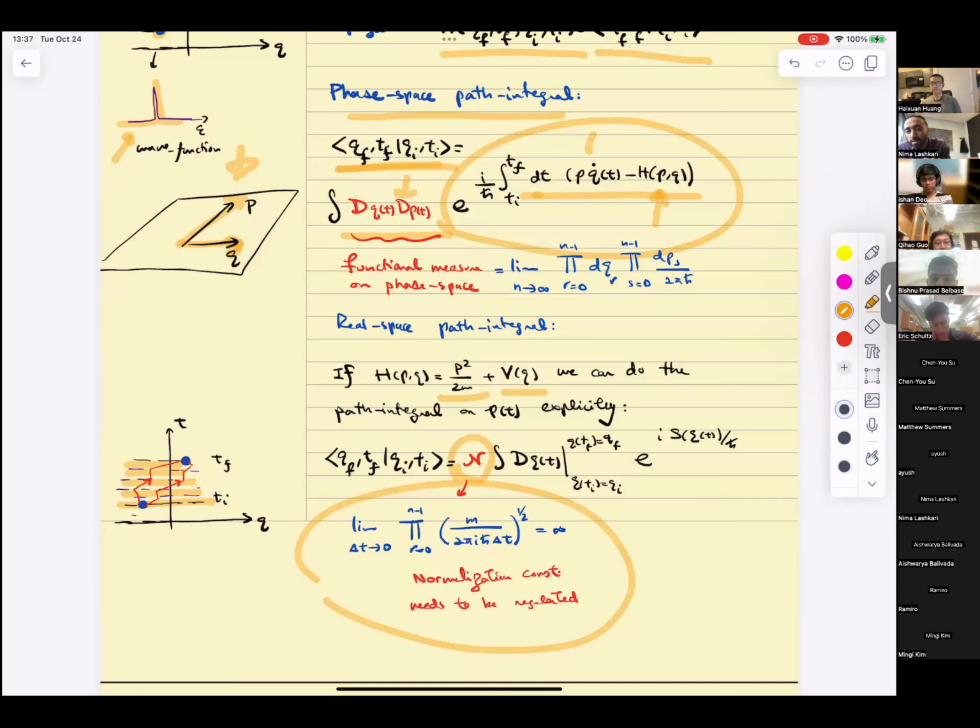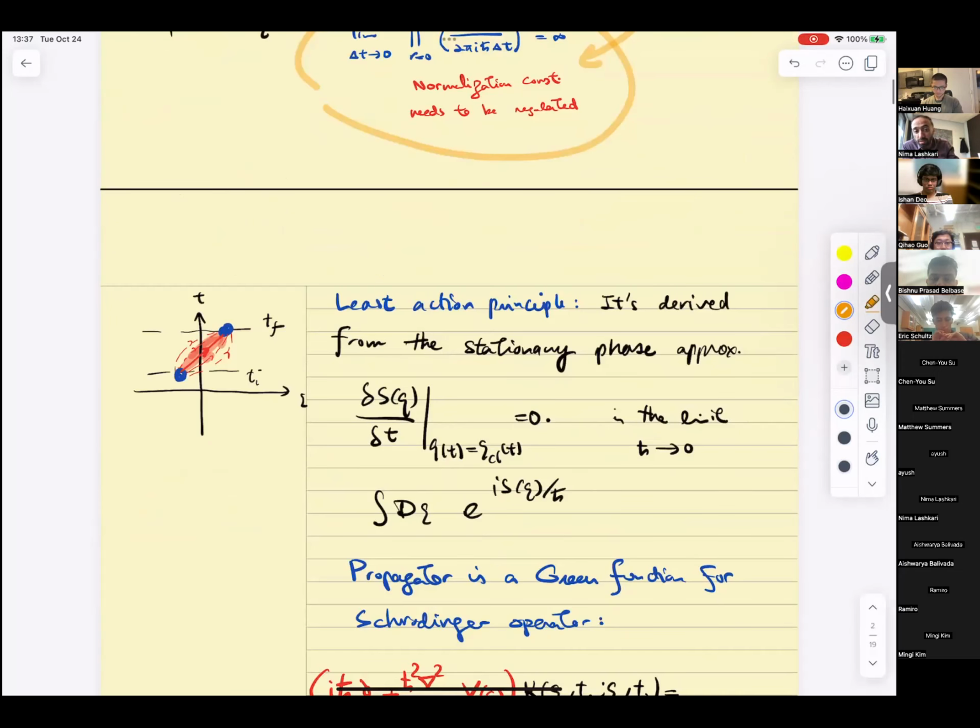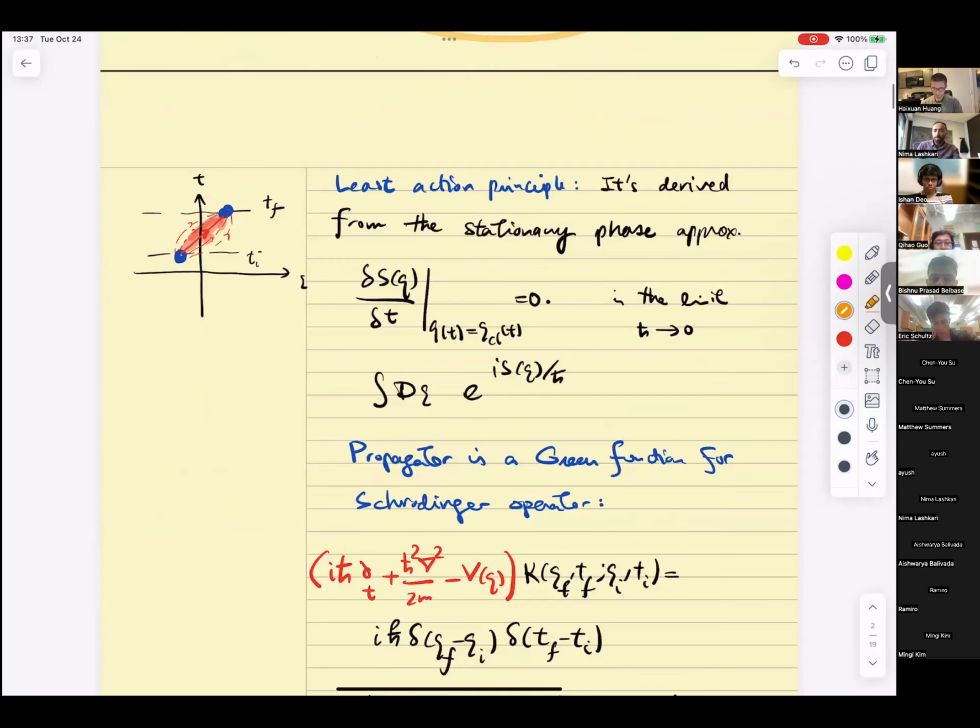So no matter how you regulate this, it shouldn't matter for your low energy observables, and we are just going to carry it along as a constant, even though it's formally infinite. But recall, I told you earlier in the context of quantum field theory, this means that every theory is effective. They're all defined with a natural cutoff, right?